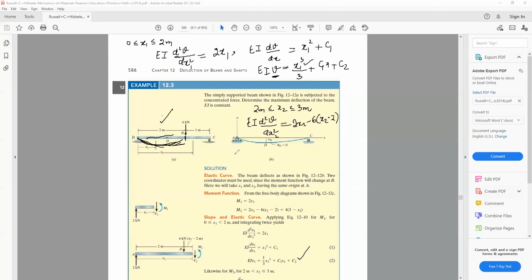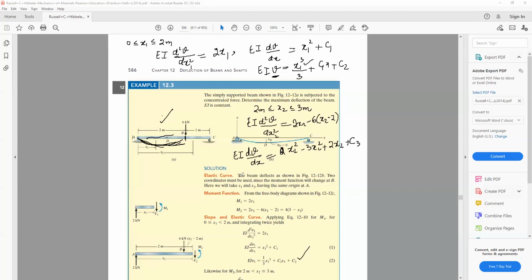So perform the first integration. Once we perform the first integration, it will be EI d nu by dx coming out equal to, twice, sorry, 2 will cancel, it will be x2 square minus 3 times x2 square plus twice x2 plus constant of integration. Let's write that constant of integration as c3.